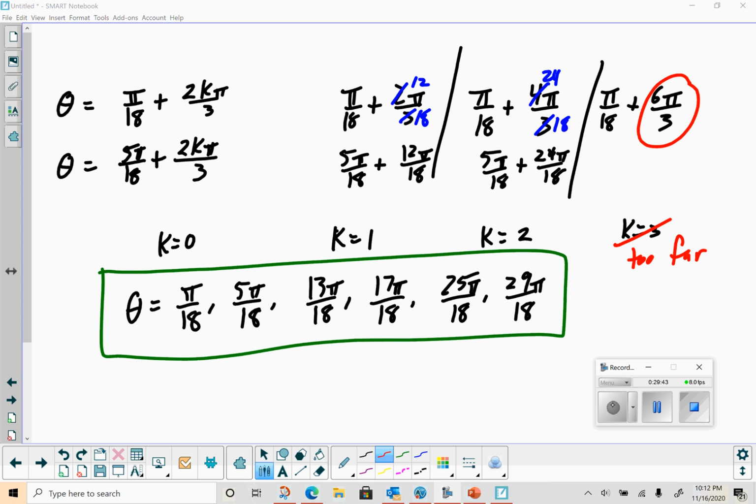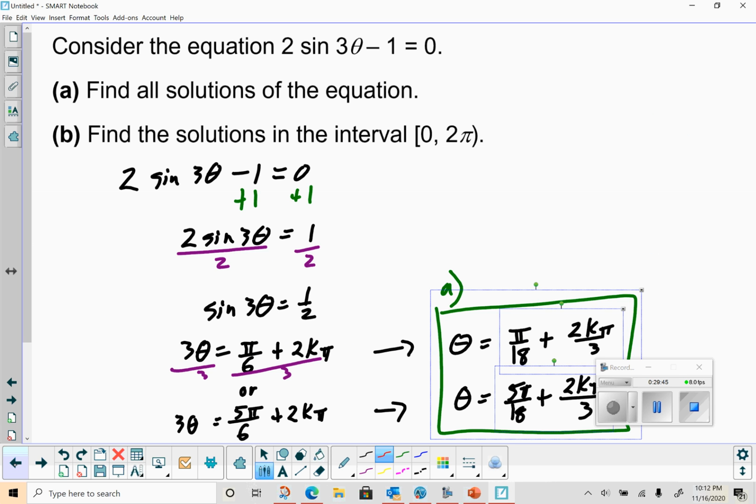All right, so let's try one more. Again, I'm sorry, let's back up and get a little perspective here. Initially it's the same solution process. Use your algebra skills, isolate the variable term, isolate the variable itself.